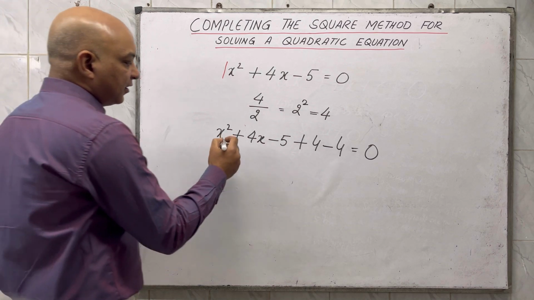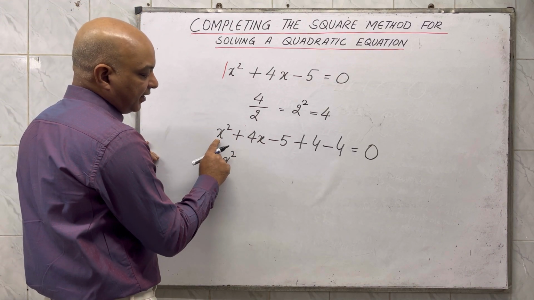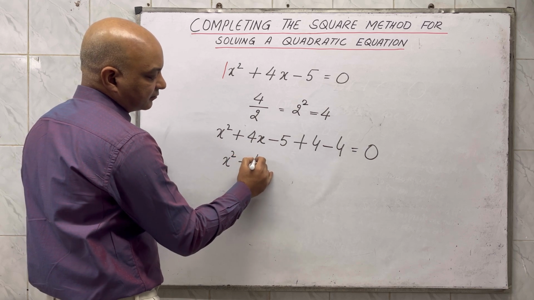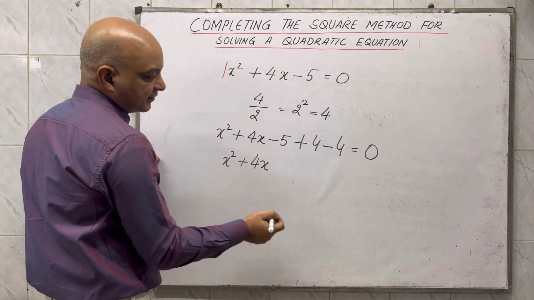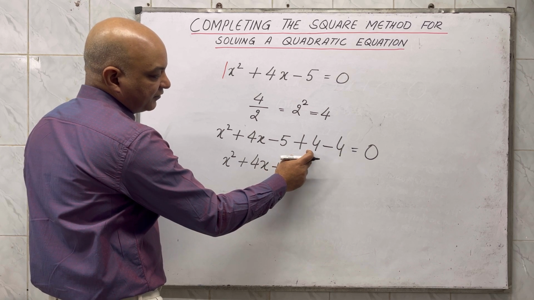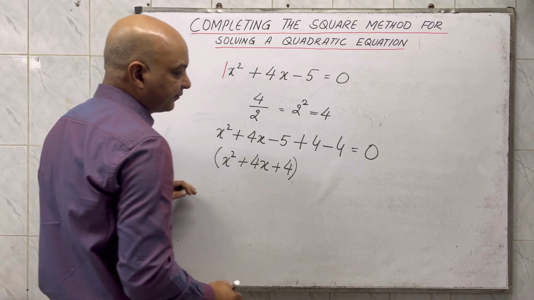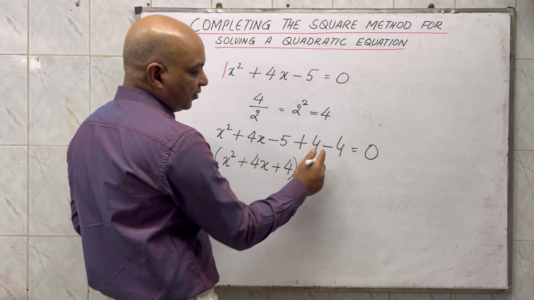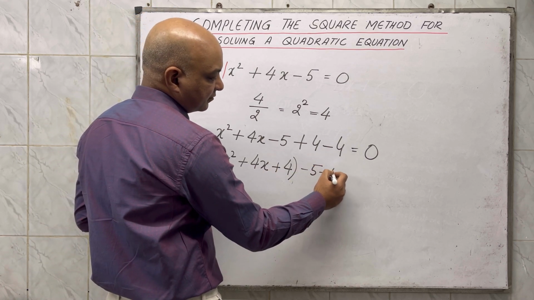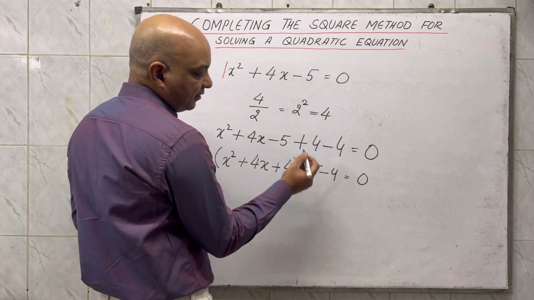Next, you will be combining the terms containing x², x, and the number which you have just added inside one bracket, and the two remaining terms in the second bracket.